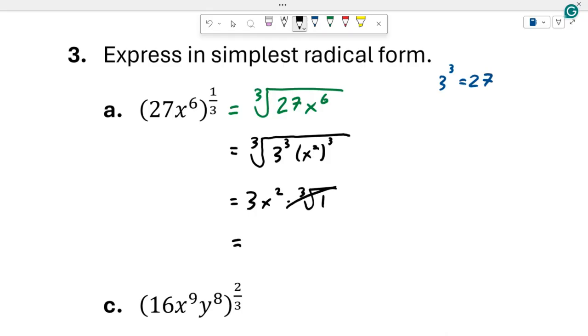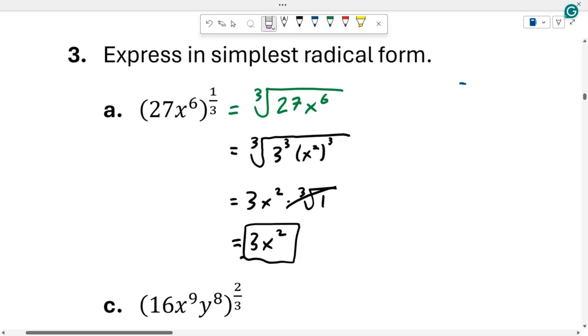My final answer for 3a is relatively simple, even if the process getting there wasn't so simple. The final answer is just 3x squared. It worked out fairly nicely for 3a, because everything underneath the cube root could be expressed as a cube.